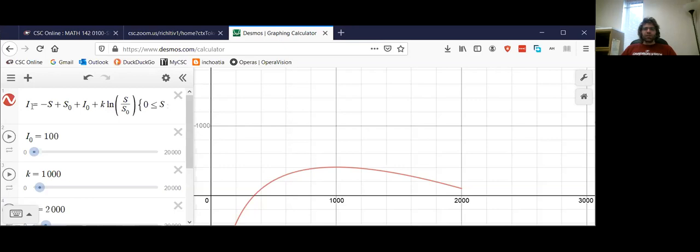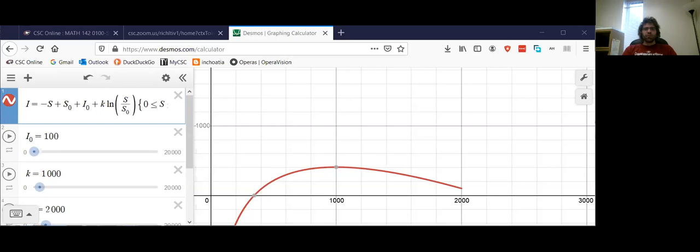Desmos is being a little uncooperative. It shouldn't be displaying anything in the fourth quadrant because I can't be negative, but just ignore that.